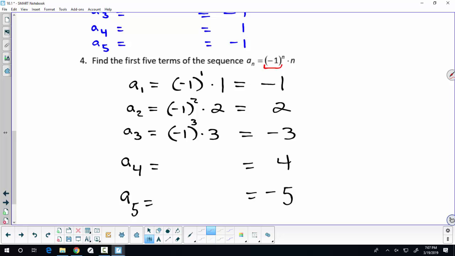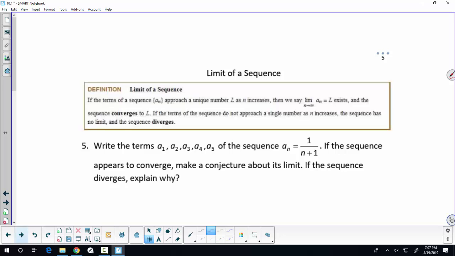Okay, the limit of sequences is equivalent to the limits that we've computed throughout Calc 1 and even in Calc 2.